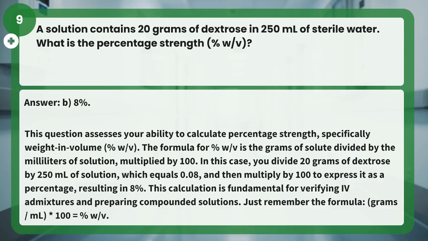In this case, you divide 20 grams of dextrose by 250 milliliters of solution, which equals 0.08, and then multiply by 100 to express it as a percentage, resulting in 8%. This calculation is fundamental for verifying formulations and preparing compounded solutions. Just remember the formula, grams/ml * 100 equals percent w/v.